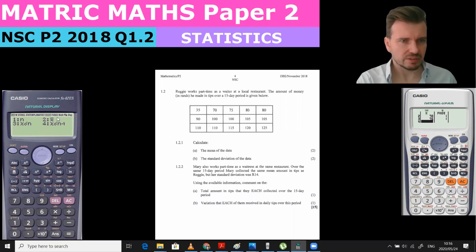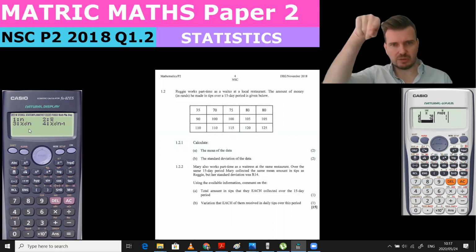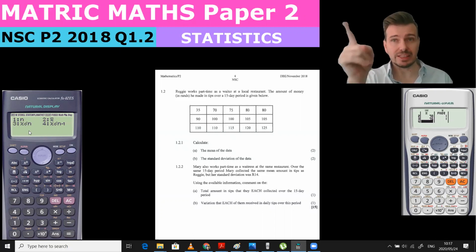N is the number, x̄, that little x with a line on the top is the mean, and then the standard deviation is going to be number 3. This is a little bit different to what you have on your calculator. What you would be looking for is the one that looks like an o with a little dash on the top. You're going to use that, okay? Not the s. The o with a little dash on the top.